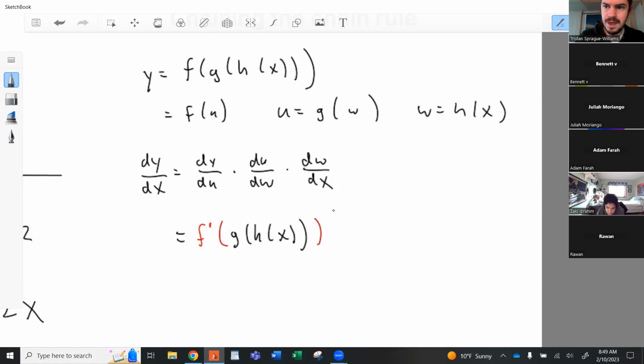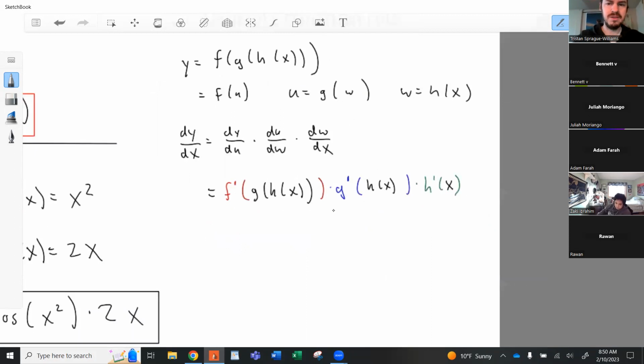There's that. And then we have a times g prime of h of x, and then times h prime of x. So that's what it looks like when you're chaining multiple things together.